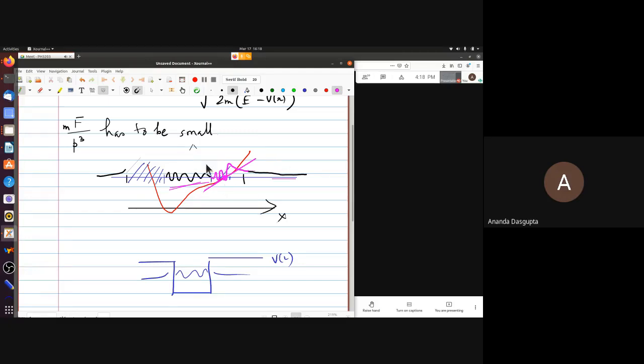That is, the connection formula means the ratio between the WKB solution here and the WKB solution here. That's fixed by the interpolating Airy function's behavior. But you also have a similar thing on this side. An exponentially decaying solution on this side will predict some amplitude, but this one will also predict some other amplitude, right?